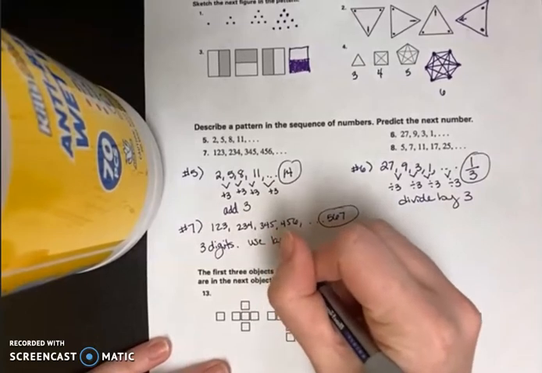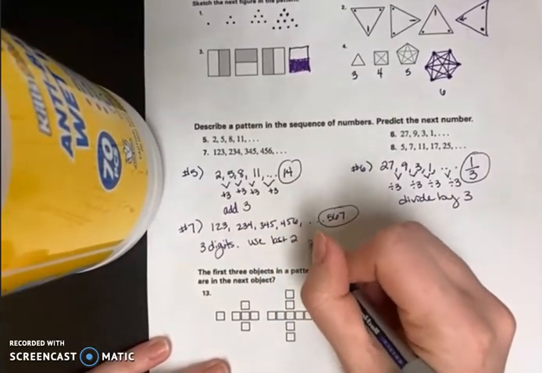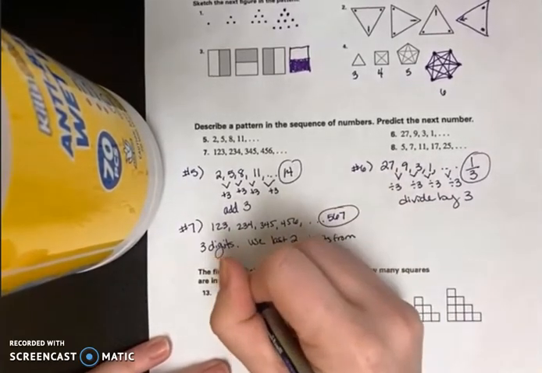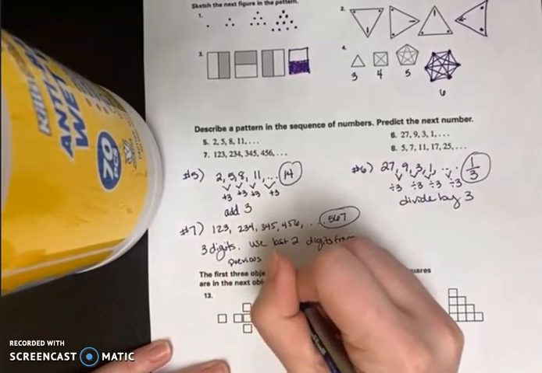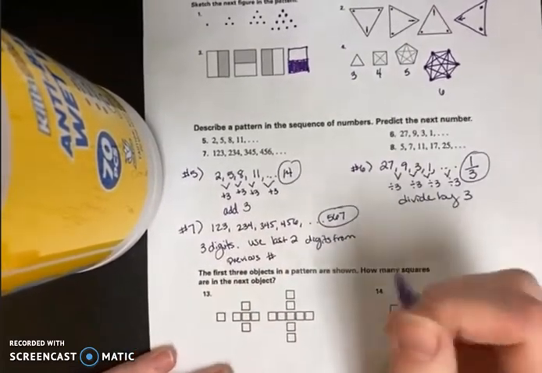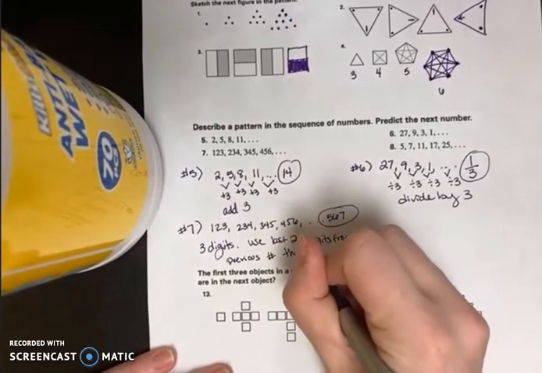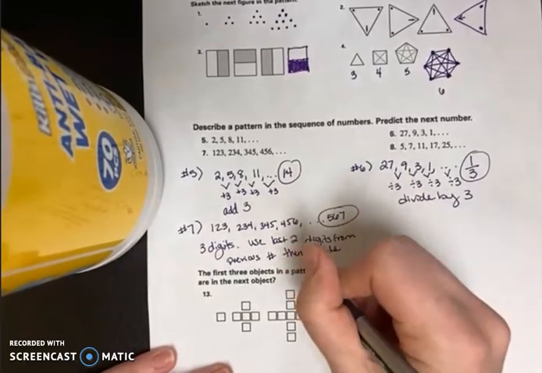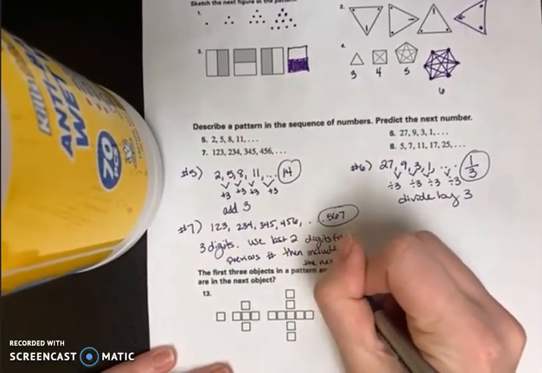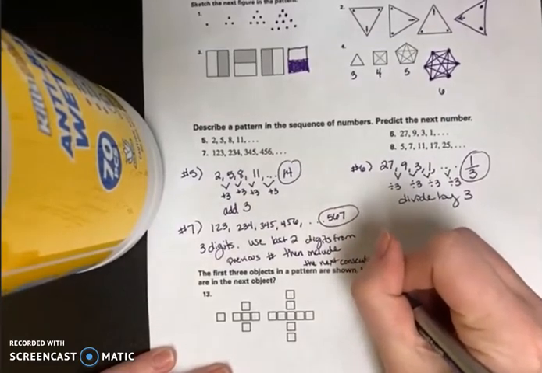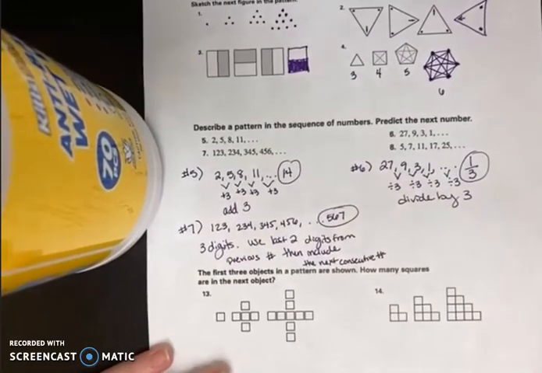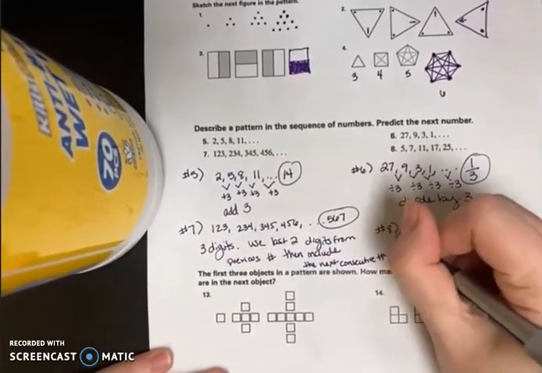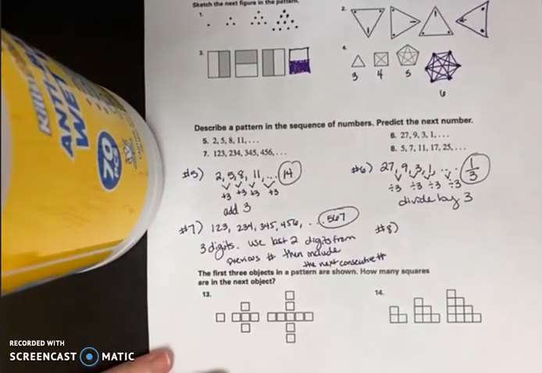Use last 2 digits from previous number, so the number in front of it, then include the next consecutive number. That's just how I would have worded it. You could have worded it differently, but that's how I would give you an example of putting it into words.